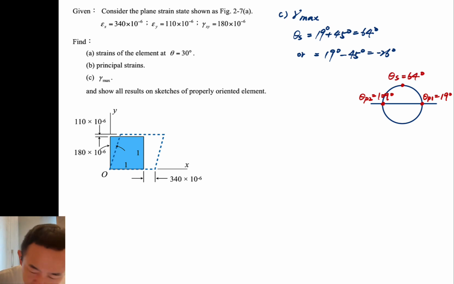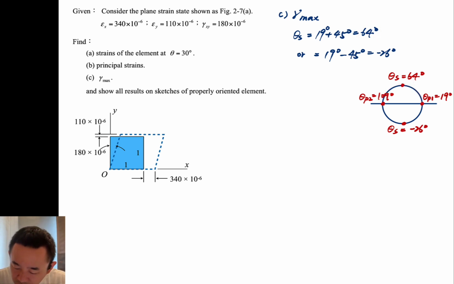Okay, and the other one will be theta s equal to minus 26 degrees. Okay, you can see that your theta p1 of 19 goes counterclockwise to 109, so 64 must be in the middle, right?